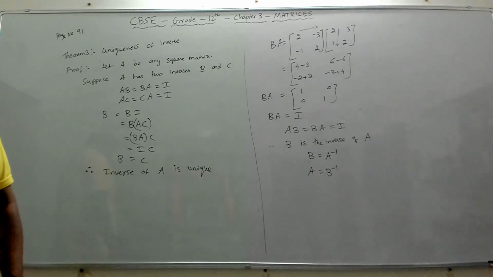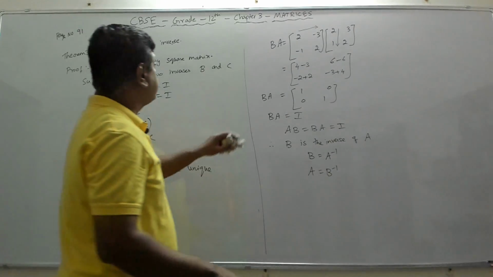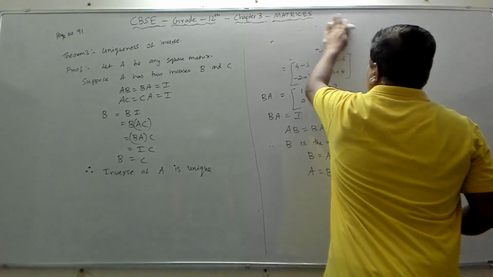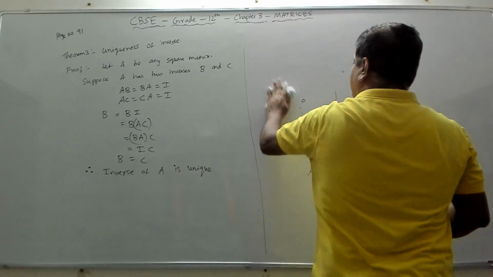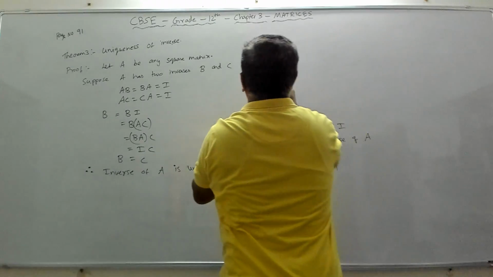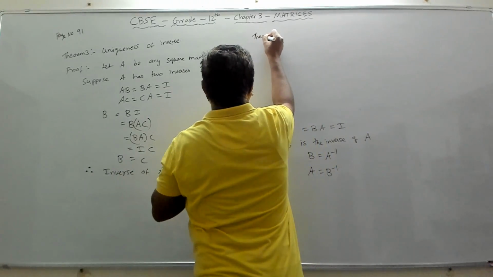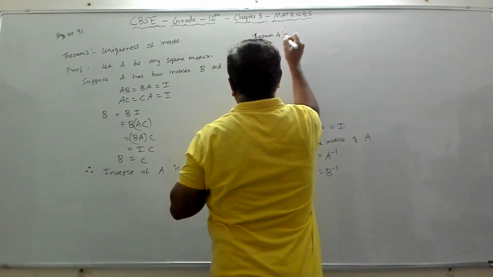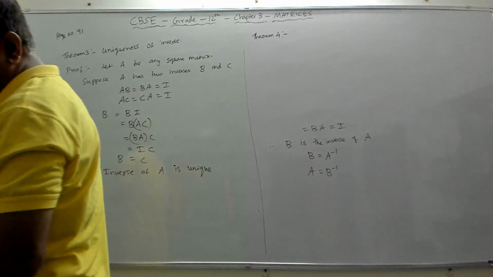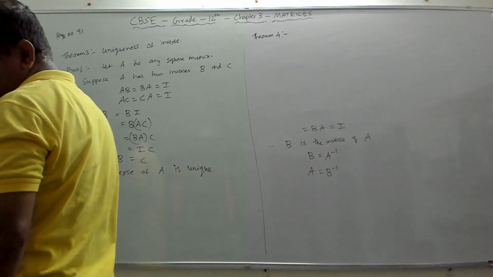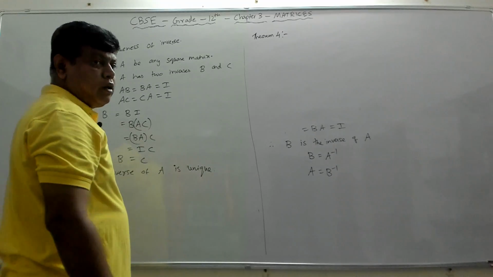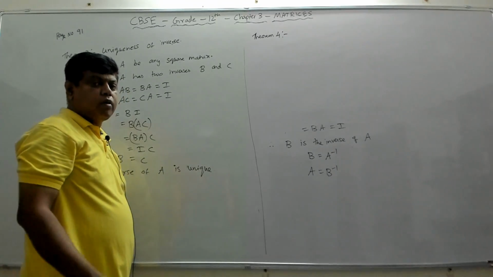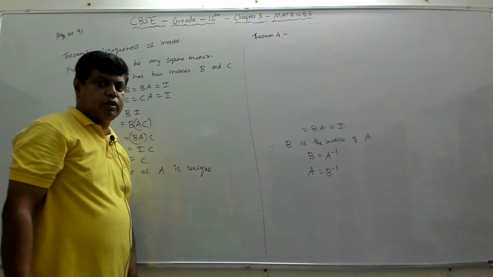Fine. And the next theorem that we have is theorem 4. What it says is, if A and B are invertible matrices of the same order, which means A has the inverse and B has the inverse, right?